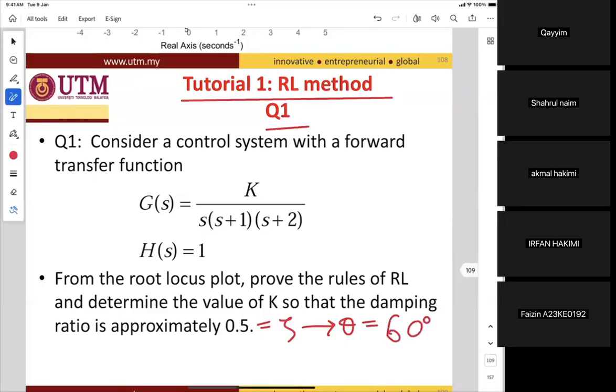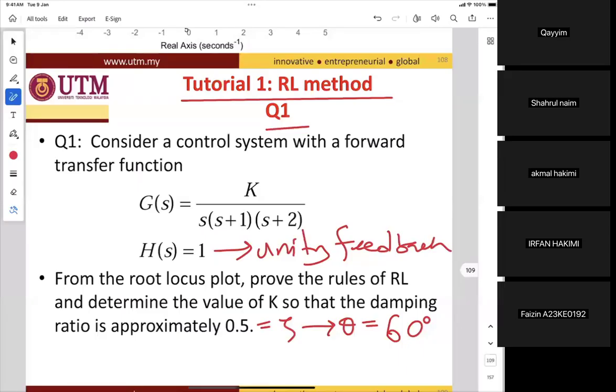That is 60 degrees. Okay, so what do you mean by H(s) equal to 1? Akmal Hakim. Unity. Unity what? Unity feedback.